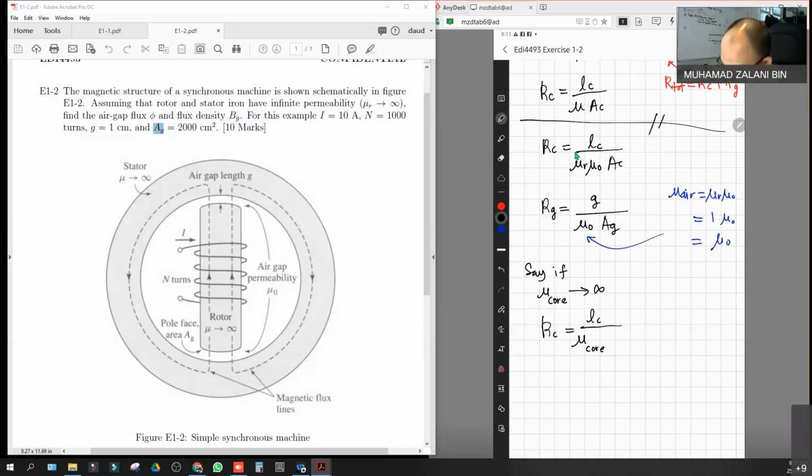mu core AC, kan. If this guy is approaching infinity, what happened to this RC?